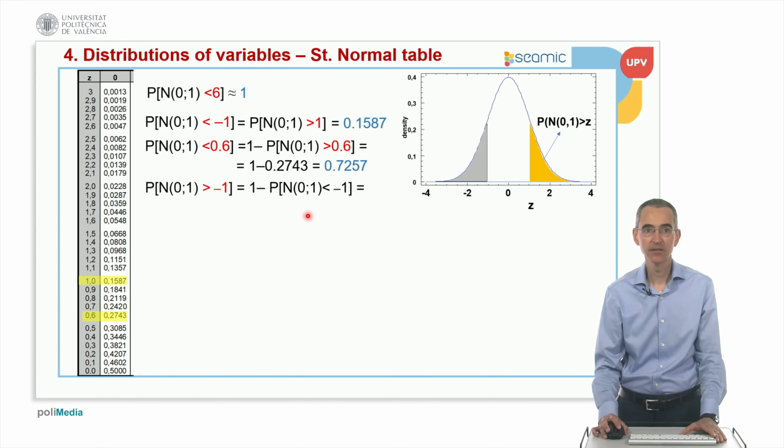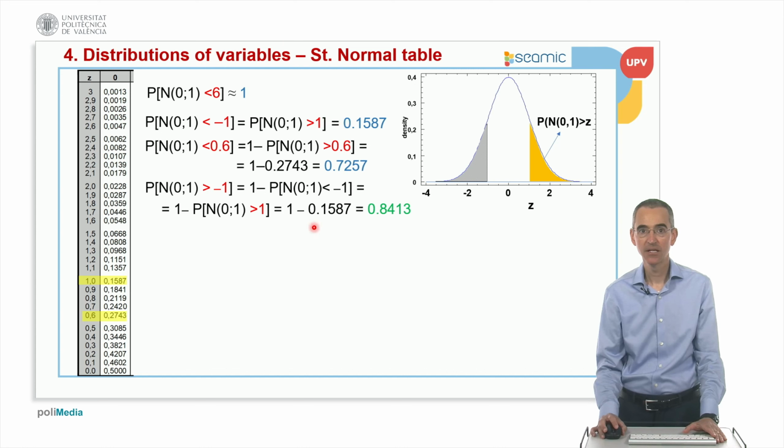Okay, so bigger than -1, we apply the complementary, 1 minus the probability to be less than -1. This is exactly what I have explained before. So this is 1 minus 0.16 approximately, so this is about 0.84.